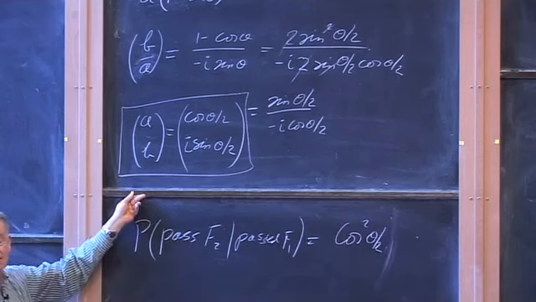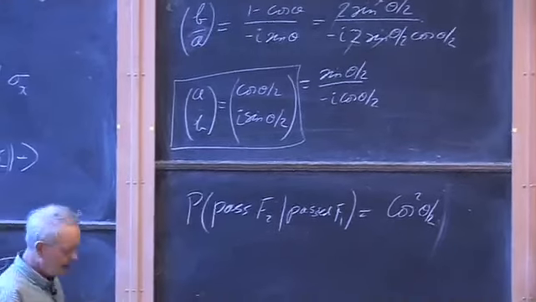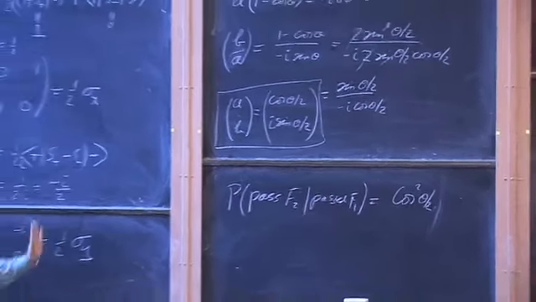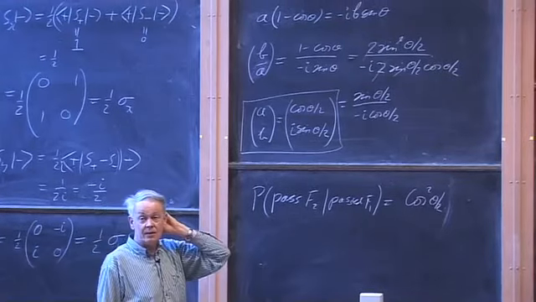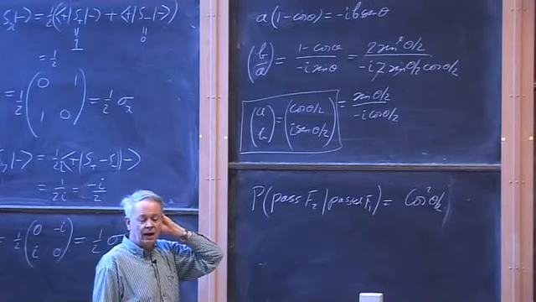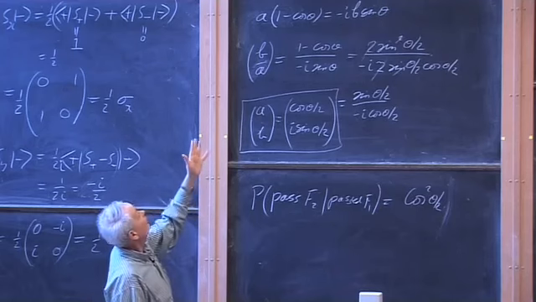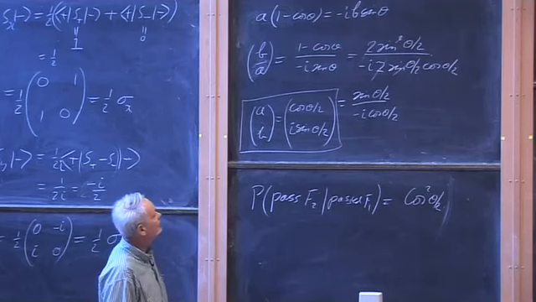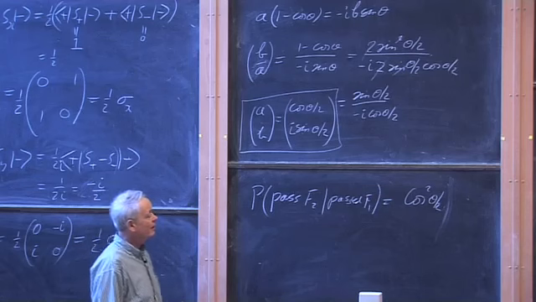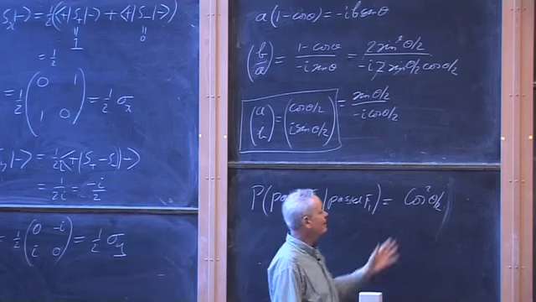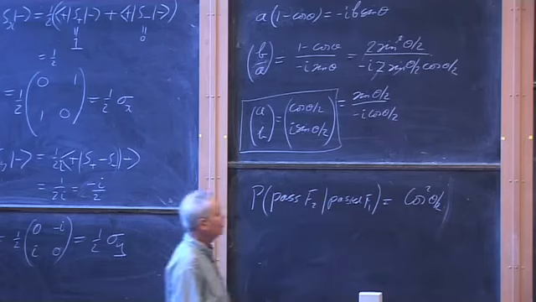Does that make sense? If theta is equal to nothing, then the second filter is also measuring the z component of angular momentum. And the output from the first filter is guaranteed to return plus a half for the z component of angular momentum. So this probability must be 1, and indeed cos squared of nothing is 1.